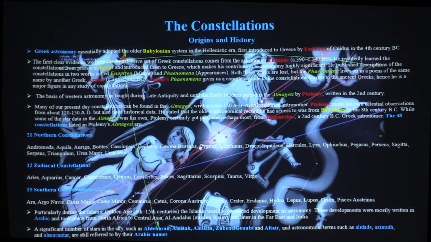And he identified 48, so 21 northern ones, 12 zodiac ones which were constantly visible, of course, because the zodiac constellations are those on the plane of the ecliptic. And some southern ones, believe it or not. Now look at this.